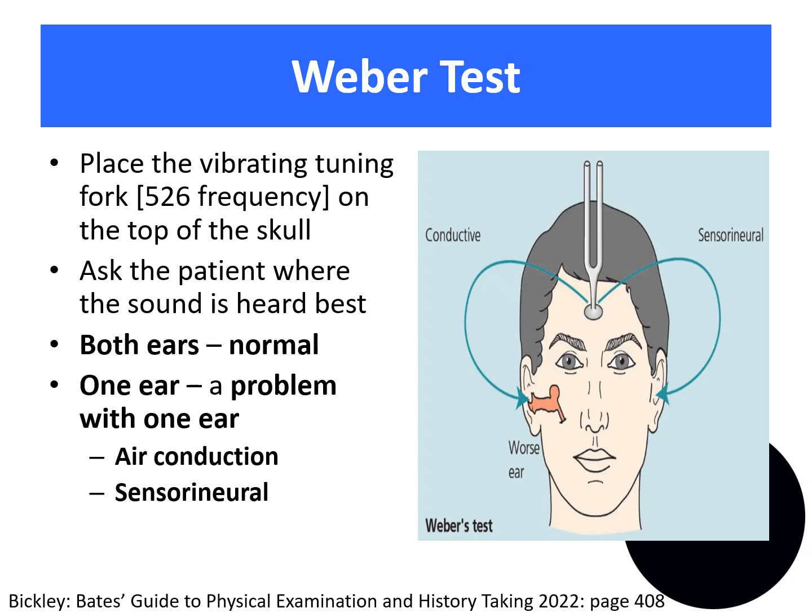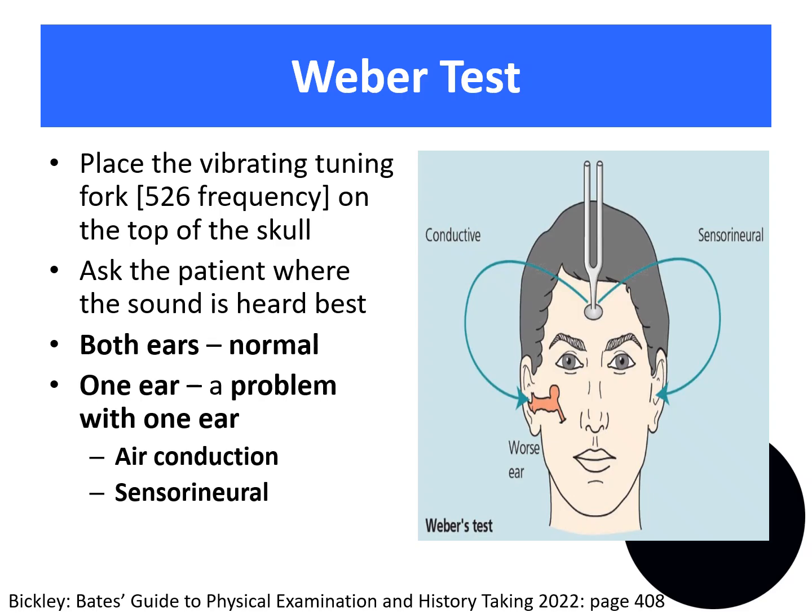Weber, you put the vibrating tuning fork on the vertex of the patient, the top of the skull. You're going to ask the patient, where is the sound heard best? You don't say to the patient, tell me which ear are you hearing this louder. No. Which ear is it sounding the best? And you will see them listening, and their eyes are going to go in a horizontal fashion.